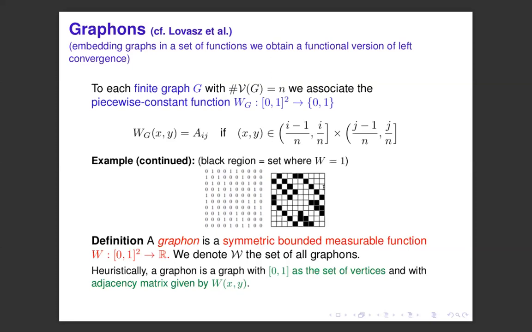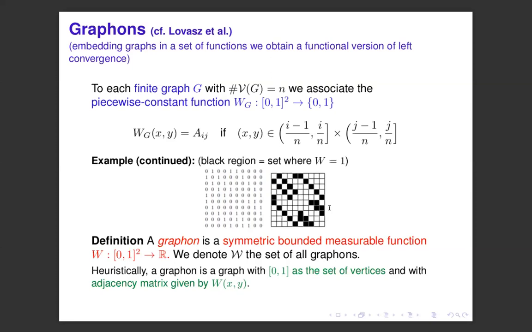And the idea of a graphon is just to extend this definition when we don't impose this to be piecewise constant on squares of size 1 over n. So a graphon is just a symmetric bounded measurable function which is defined on 0,1 times 0,1.